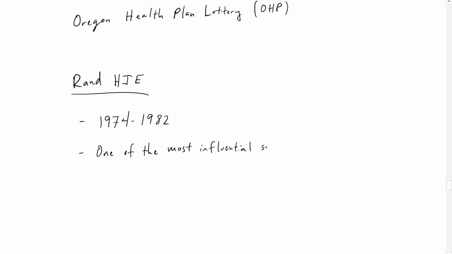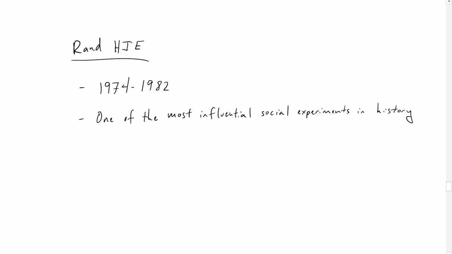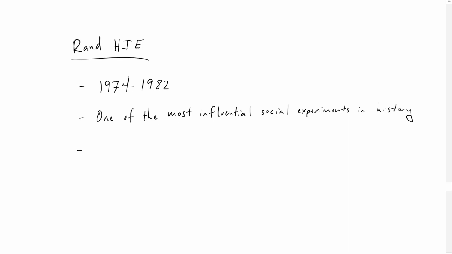How it worked was there were about 4,058 people, aged 14 to 61, who had no Medicare.